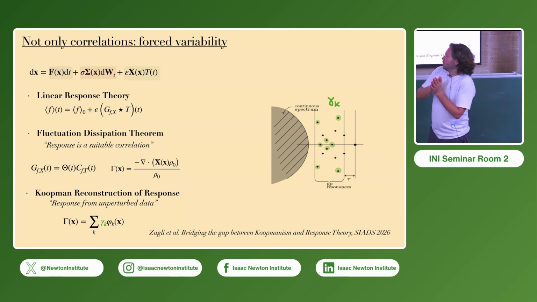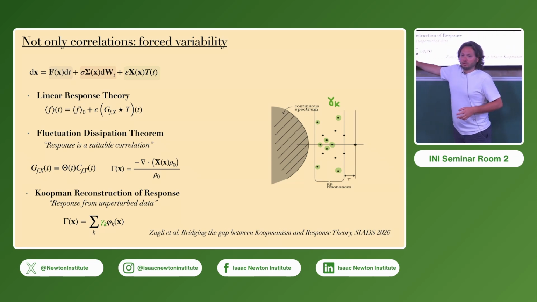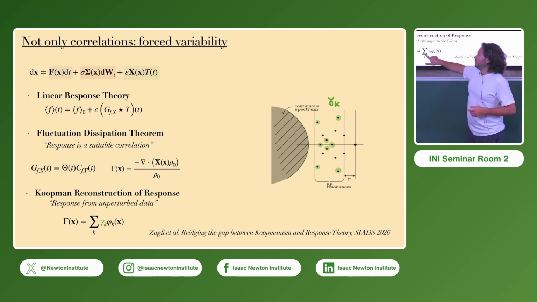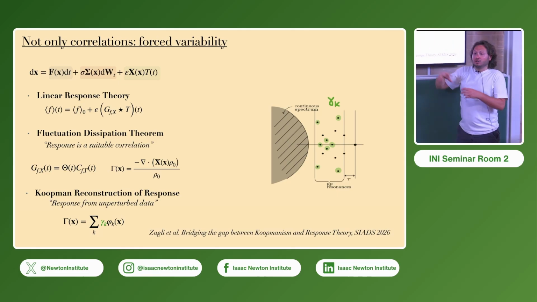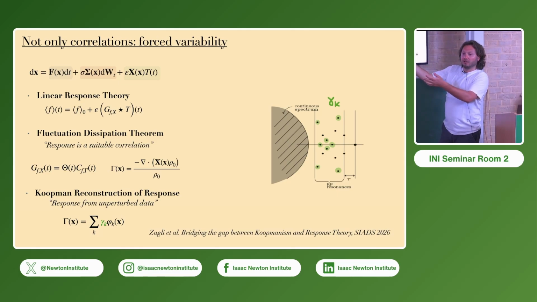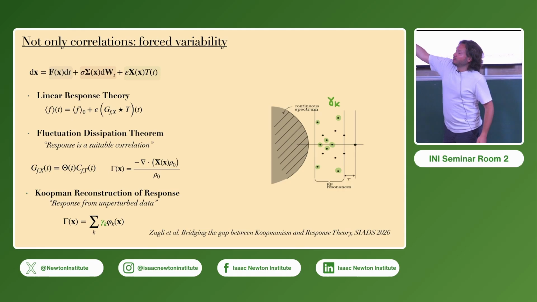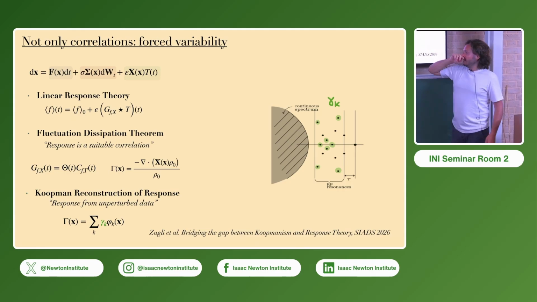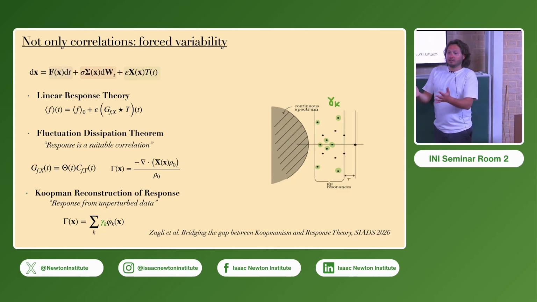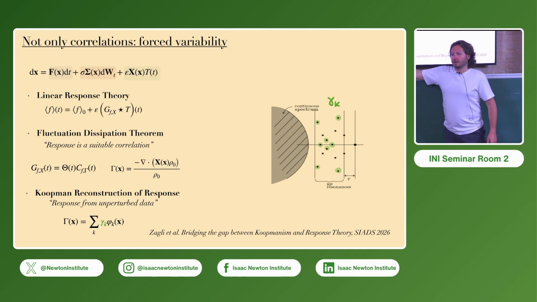If you know how to decompose this response observable in terms of Koopman eigenfunctions, so if you can get these coefficients here, then you can still reconstruct the correlation function, and thus you can reconstruct the Green's function as well. And we have a paper with also Matthew and Igor here, which basically tells you that you can do this from data. You have trajectory data, and from data you can get those gamma k.